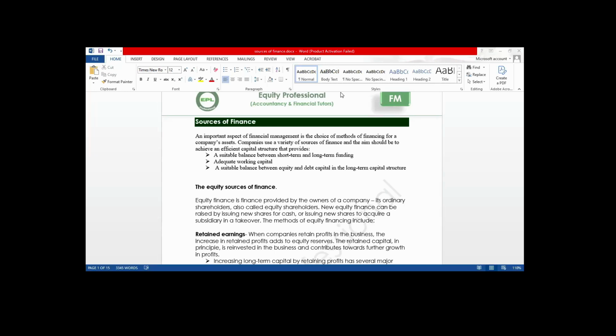If you look at that definition, financial management is concerned with how companies source finance.